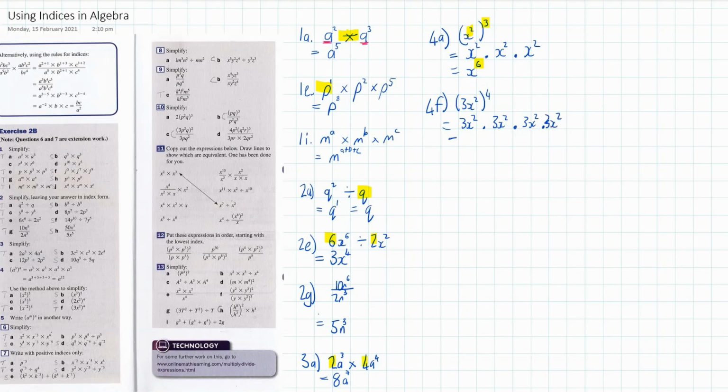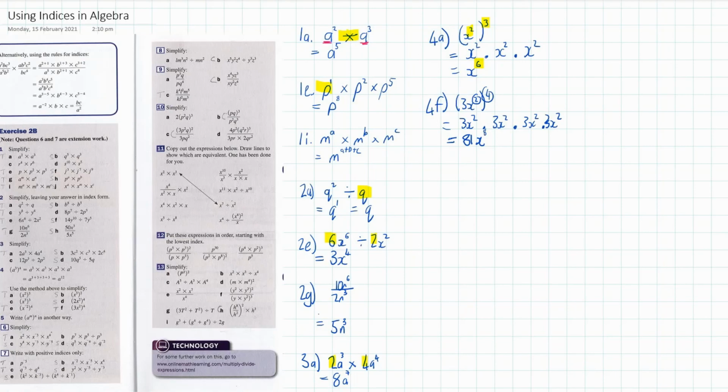Now, let's do our coefficients. We've got 3 times 3 times 3 times 3, which is 3 to the power of 4. Well, you know that 3 times 3 is 9, times 3 is 27, times 3 is 81. And then we just add our indices, or we could multiply 4 by 2. So we should have 81x to the power of 8. Gee, that is not very pretty. That's a bit better. Okay, there we go.